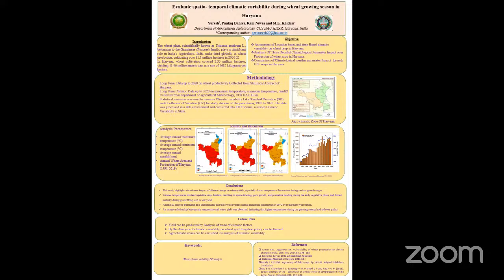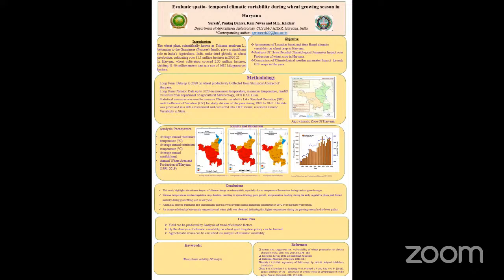If we talk about annual minimum temperature, the majority of the districts lie above 18 degrees Celsius, like the western zone of Haryana districts Karnal, Fatehabad, Sirsa, Hisar, Jind, Panipat.